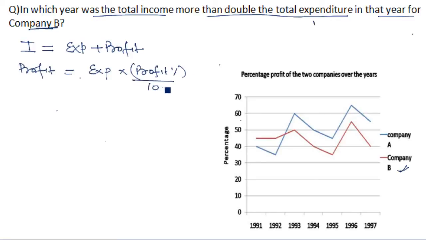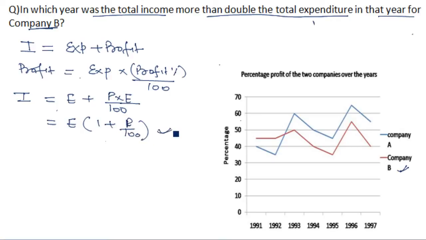So for, let's say, P percent, we can write it like E plus P by 100 into E. So this becomes E into (1 plus P by 100), this is our income. Now by the question, this income should be more than twice the expenditure.